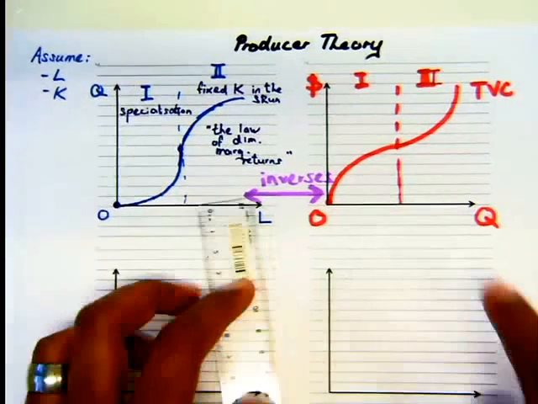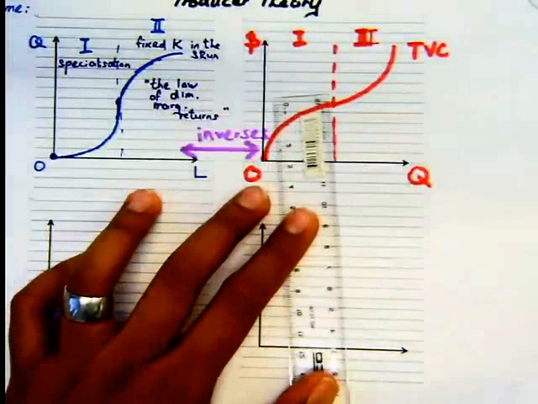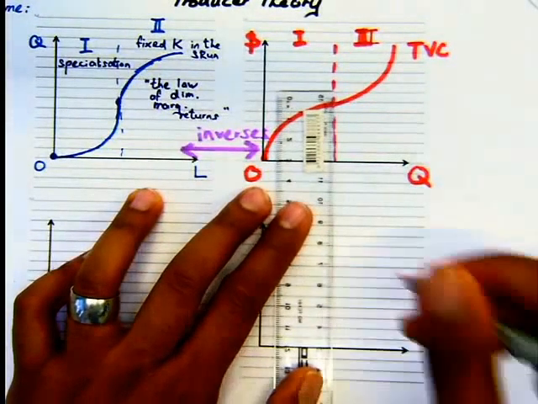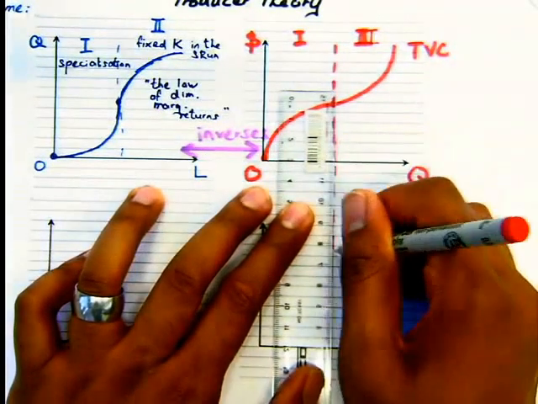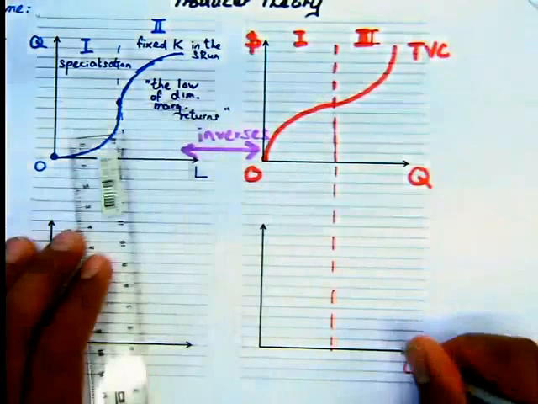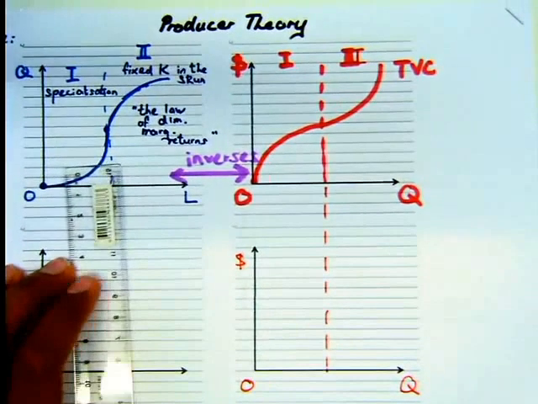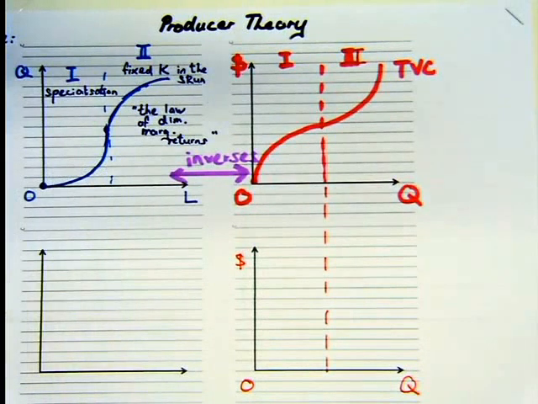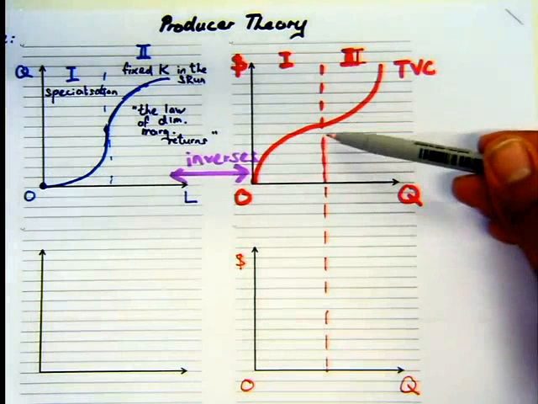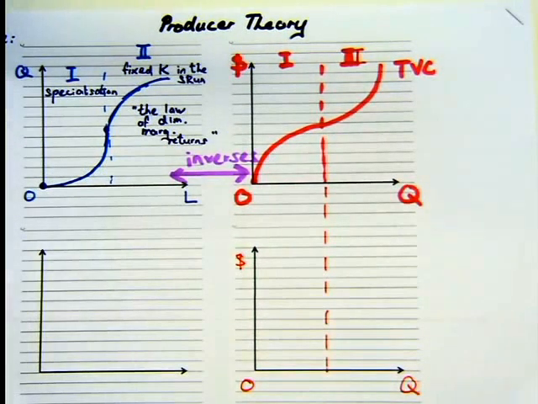And this is where we get the all-important marginal cost curve from. Actually, before we do that, we need to add our fixed cost. If I add a fixed cost to the total variable cost curve, what will happen to the total variable cost?